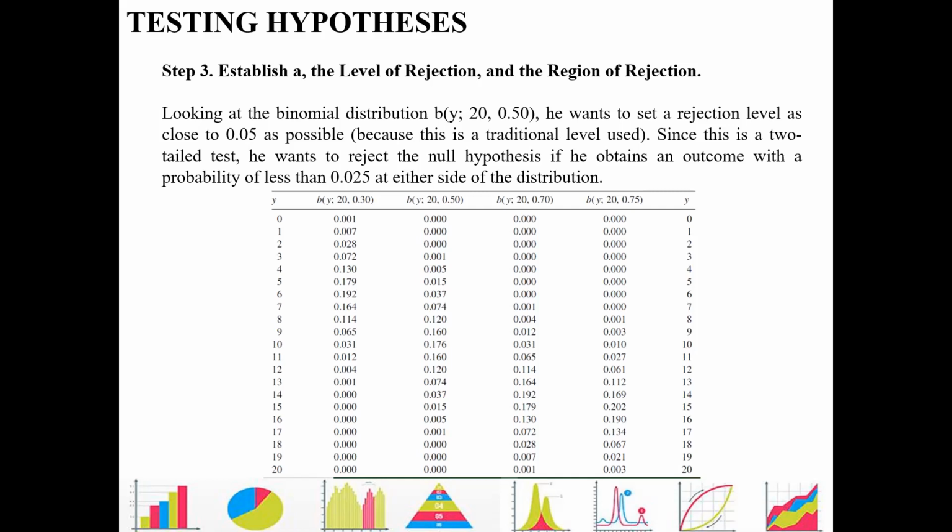So kapag pumasok siya sa region of acceptance, yung solution mo, like kanina, dun sa 0.07, ang region of acceptance natin is from 10 to 18. So, kapag ang result mo is pumasok sa 10 to 18, kung ang pagbabasihan mo is alternative hypothesis, then you reject the alternative hypothesis.